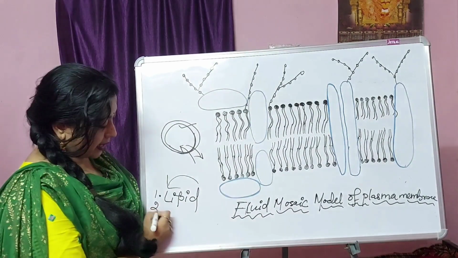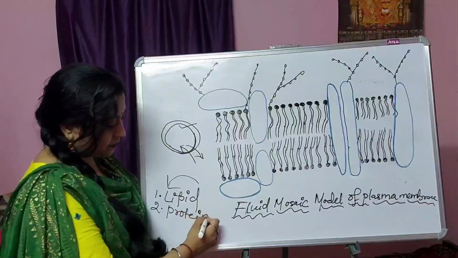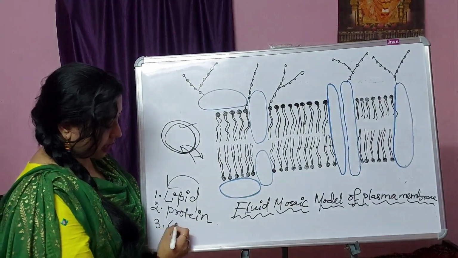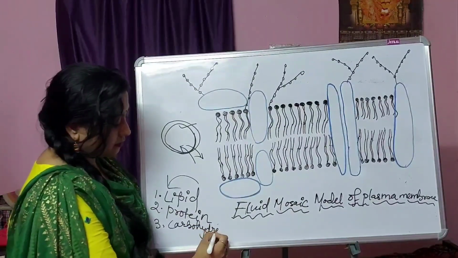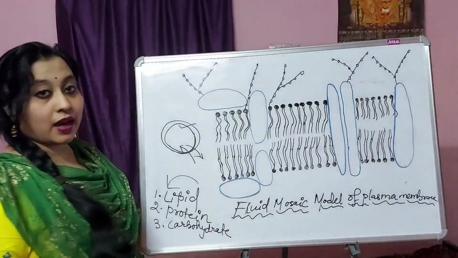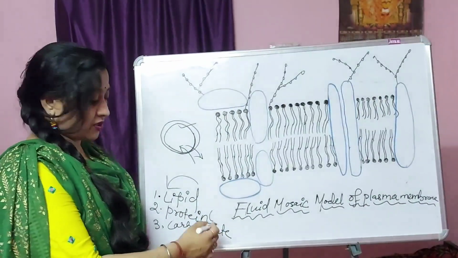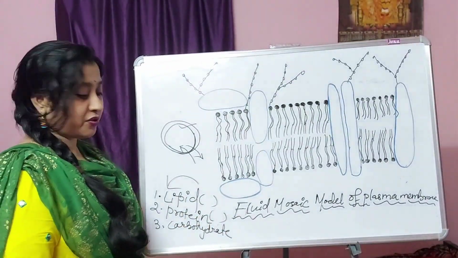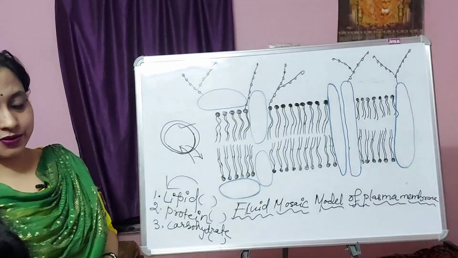Second is protein, and third, carbohydrate. Around 52 to 60% is protein, then lipid content is around 40%, and 1 to 5% is carbohydrate.